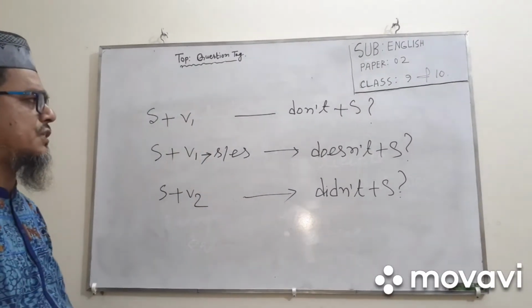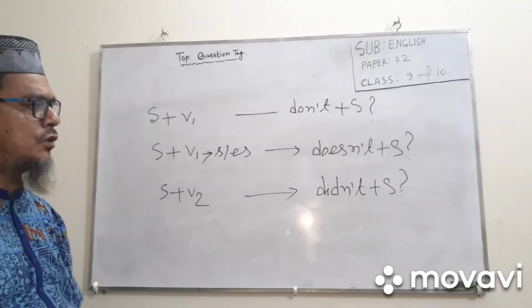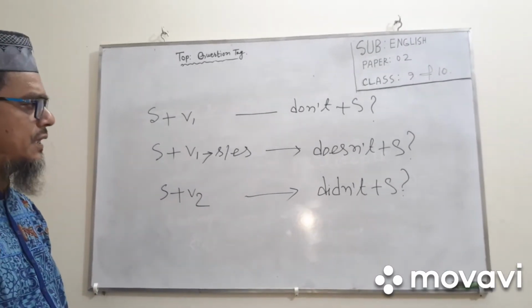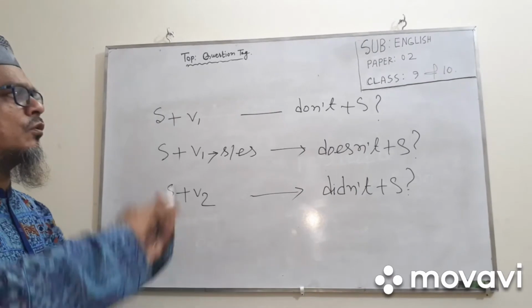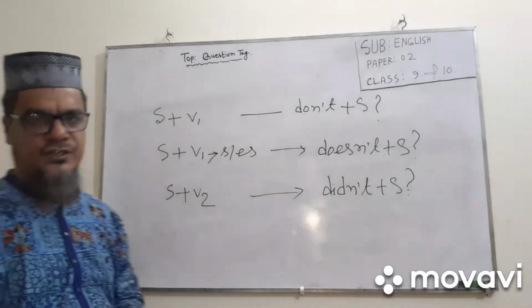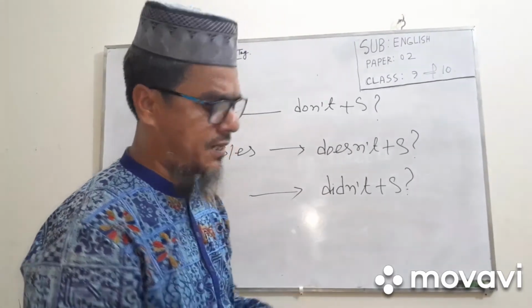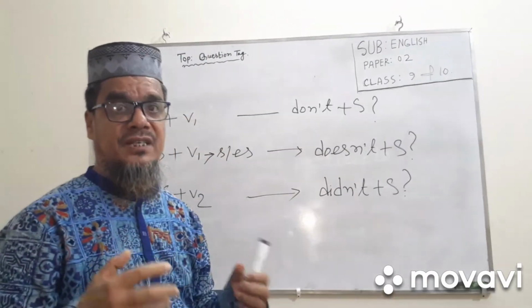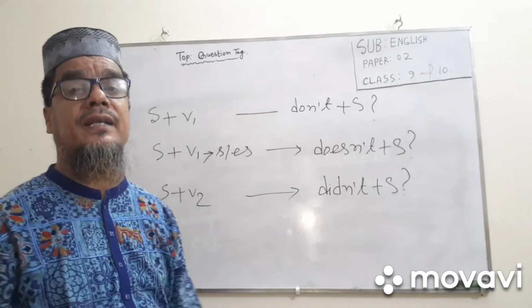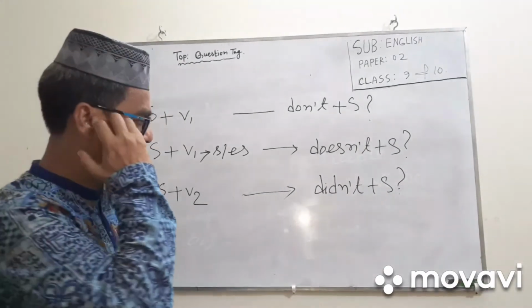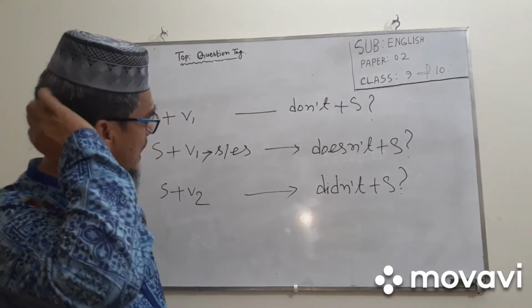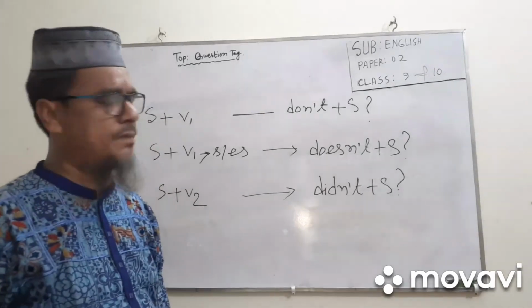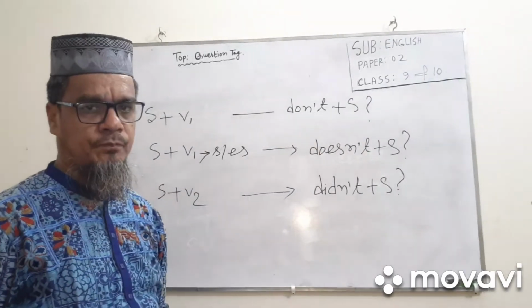This has been discussed again because for all sentences there is an operator, and if there is an operator such as am, is, are, was, were, can, could, may, might, have, has, etc., we have to use this operator in the question part.